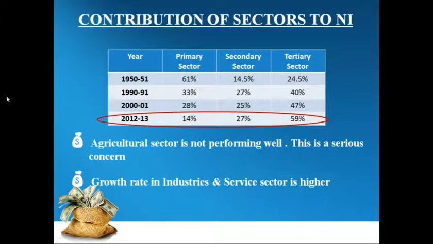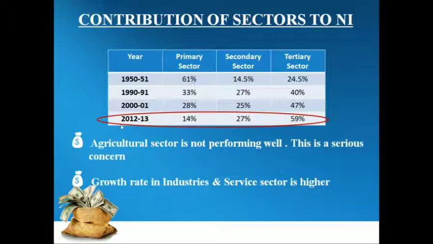And when we look at one more table in order to understand the contribution of each sector to the national income, we have segregated that into 3 main sectors. The primary sector, which basically comprises agriculture. The secondary sector talks about industries, and the service sector comes under the tertiary sector. When you see the trend in 1950 to 51, the contribution of the primary sector is more.